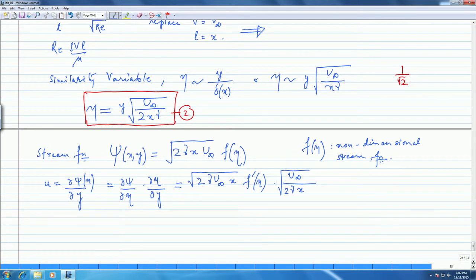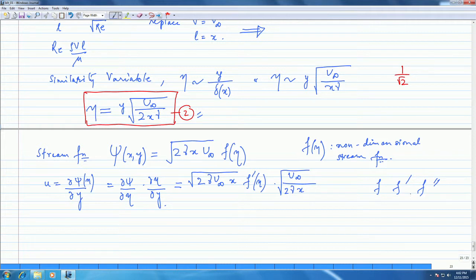And del eta del y, you can use equation 2. That's basically just u infinity to this, so it boils down to this under root thing. Please remember that when I write f dash, f double dash, all these differentials are with respect to eta.